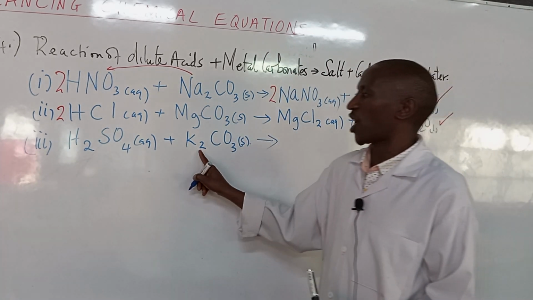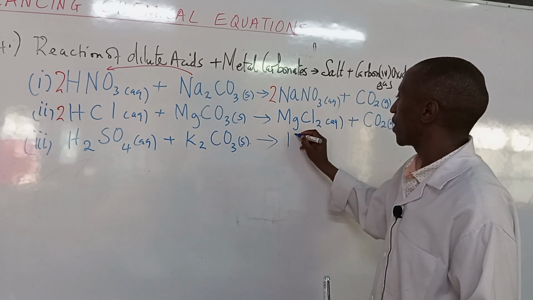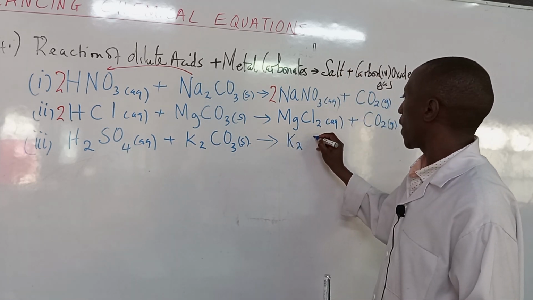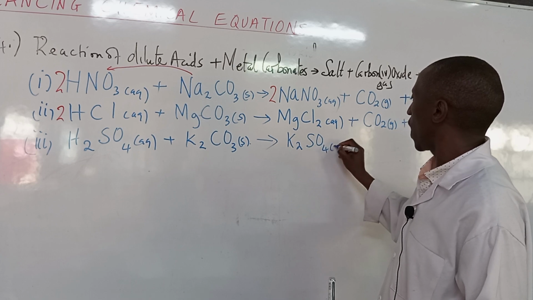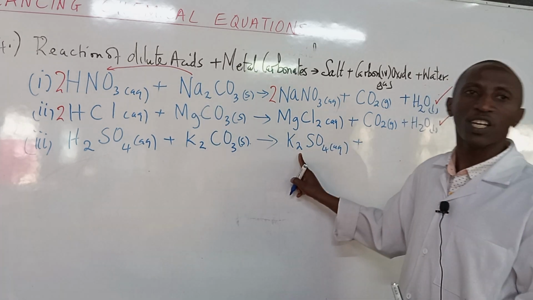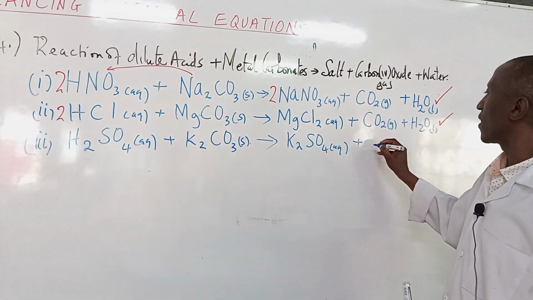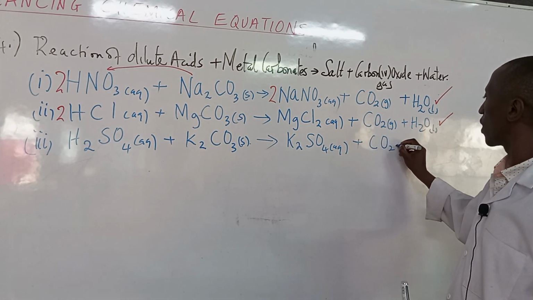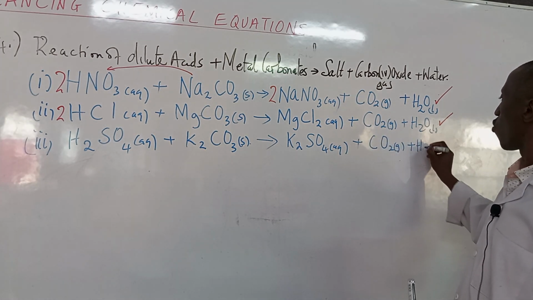So the metal potassium takes on the sulfate, and we get potassium sulfate as our salt, aqueous, soluble. All potassium salts are soluble. And then we have CO2 gas plus water.